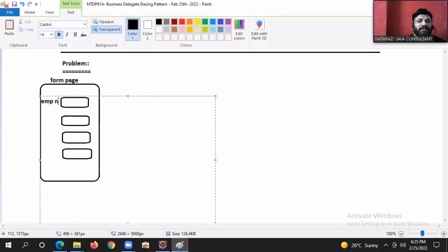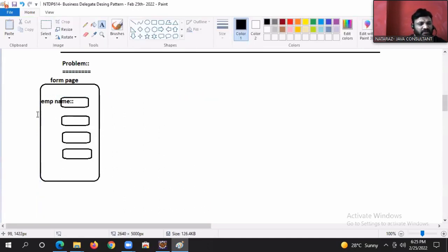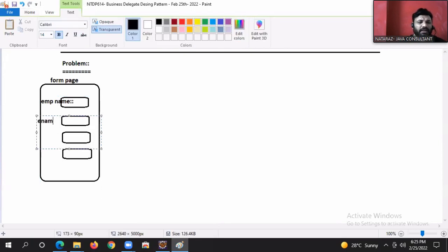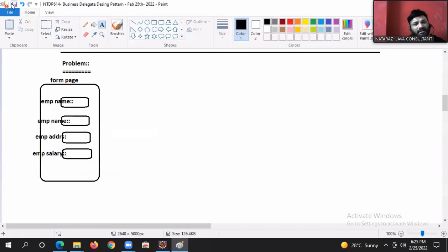Employee name, guys. Anyhow, we generate employee number dynamically. Next, employee name, employee address, and here is my employee salary, boss. Right, boss?